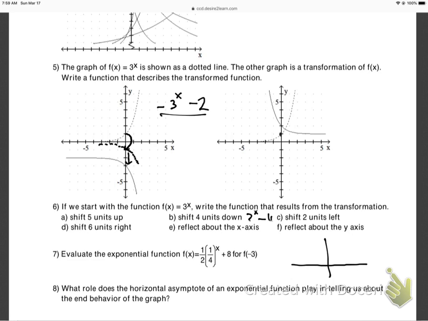If I just do the original, something like 2 to the x, you can see the horizontal asymptote here is telling us that as x goes to negative infinity, then f of x, or y, is going towards 0, because the horizontal asymptote is y equals 0. So it just depends on what the horizontal asymptote is.